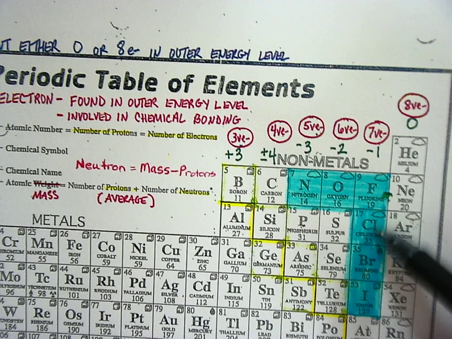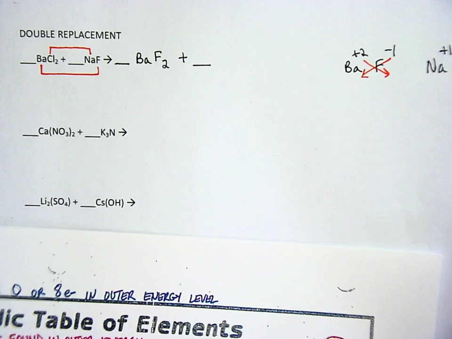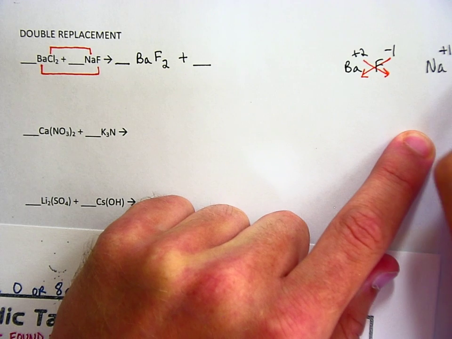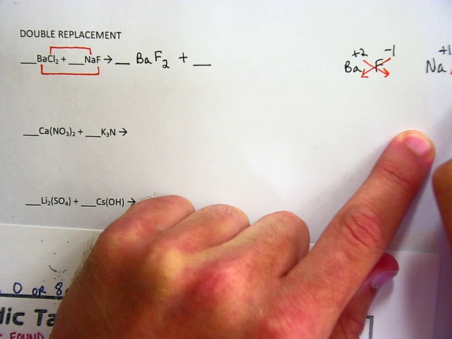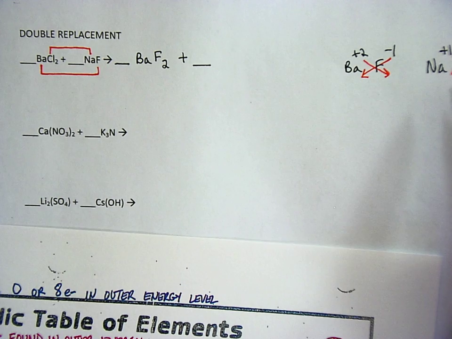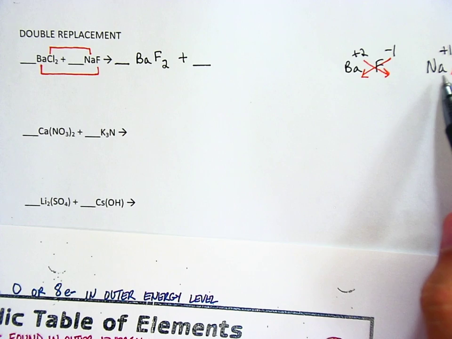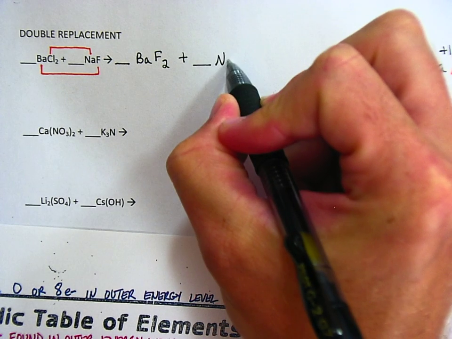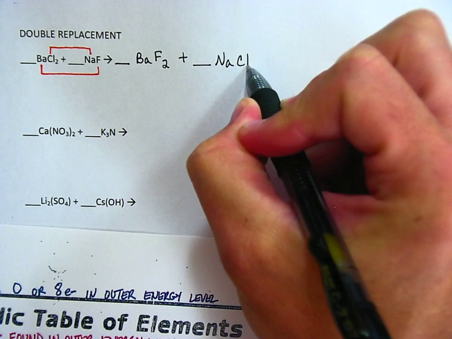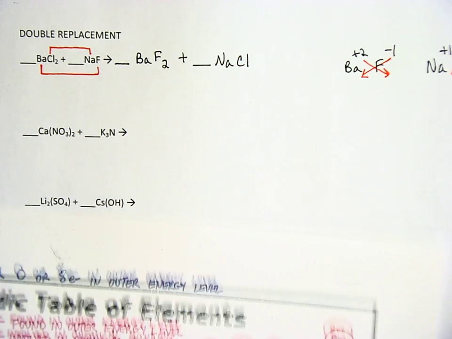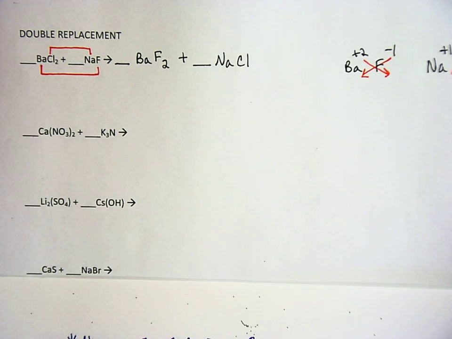Chlorine, which is Cl, is right here, has a -1 charge. So we crisscross them down, so it's a 1 and a 1. So in chemistry, we really don't write the ones. That number just implies that's how many atoms there are. So it's just NaCl.